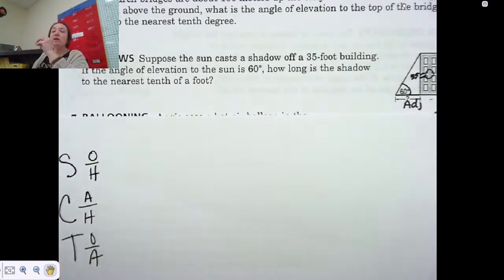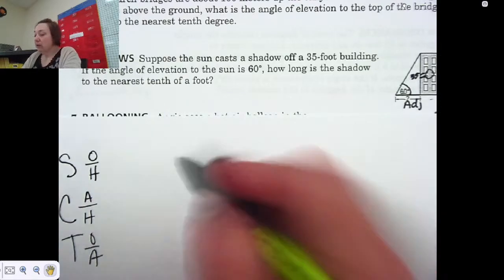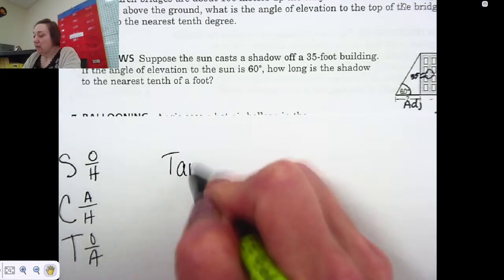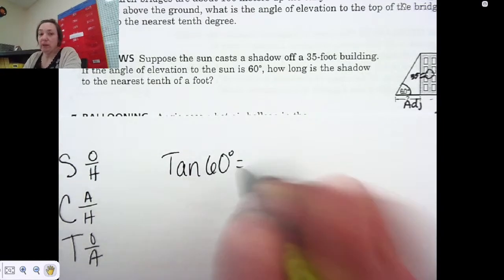So which one of those trig functions uses that opposite and that adjacent? Tripping, which stands for tangent, right? So we're going to use the tangent of 60 degrees because that's our angle measurement.